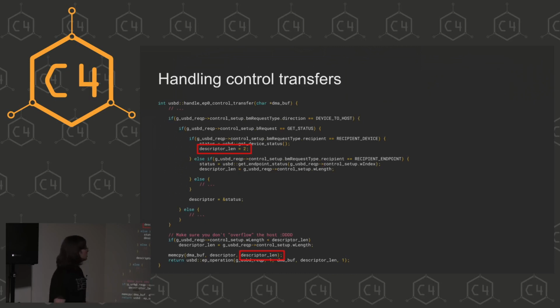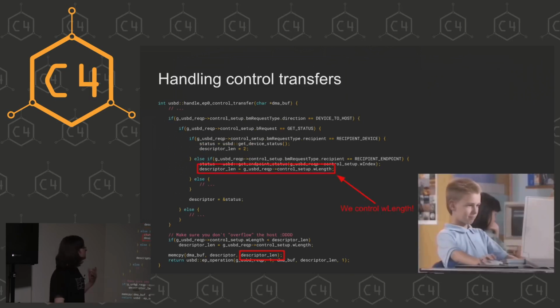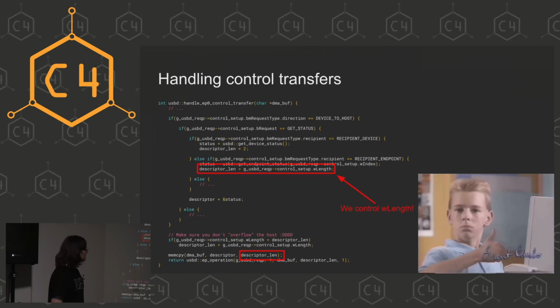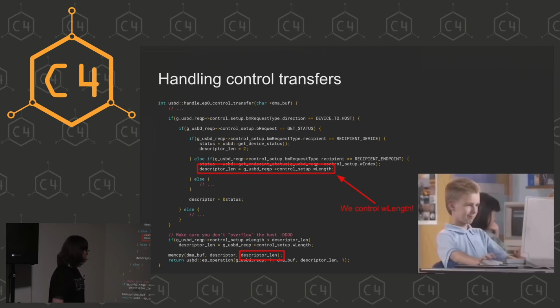So usually this is always 2 because the host just knows the status request is 2 bytes long. So I just supply 2 here. But this descriptor length here is used down below in that memcopy, and we control that length. That means we can copy more than 2 bytes using this memcopy function.